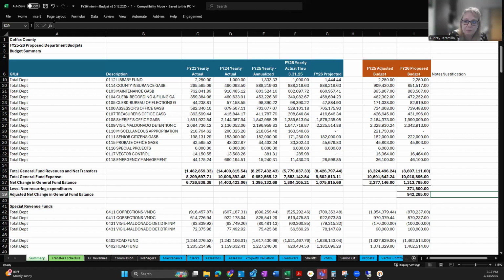As stated, it would still show us pulling 1.3 million from reserves, but this wouldn't be the final, just the interim. That'd be fine with me.